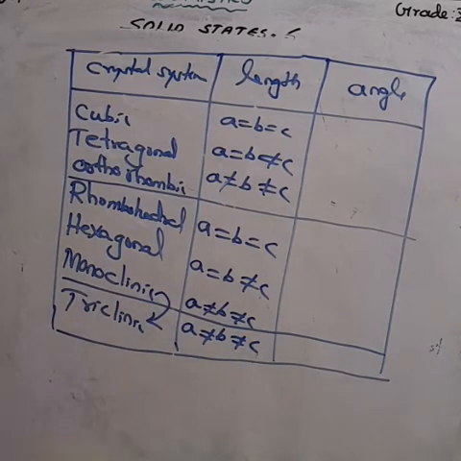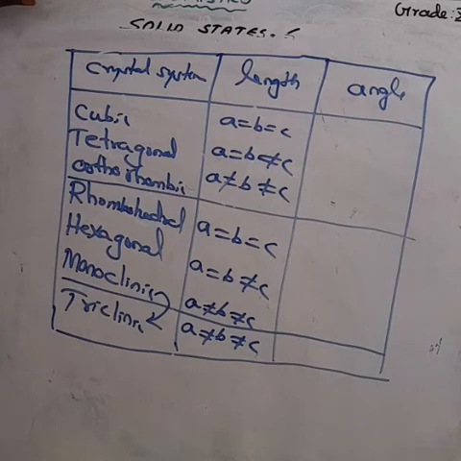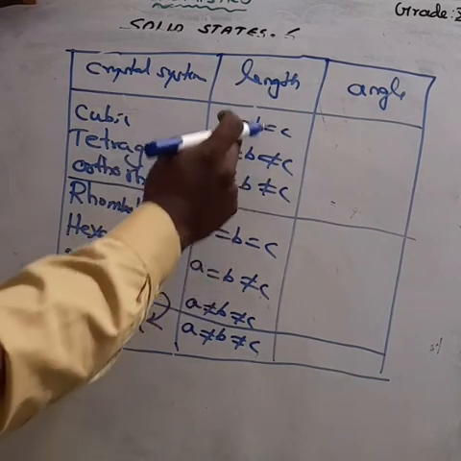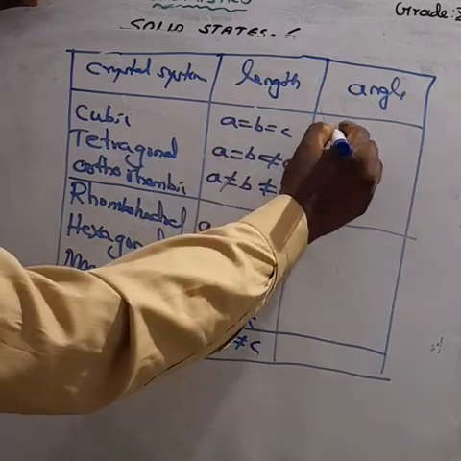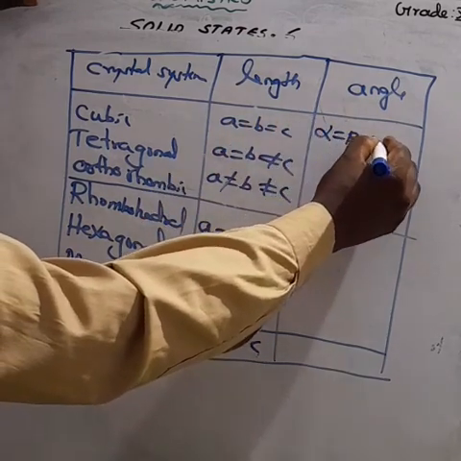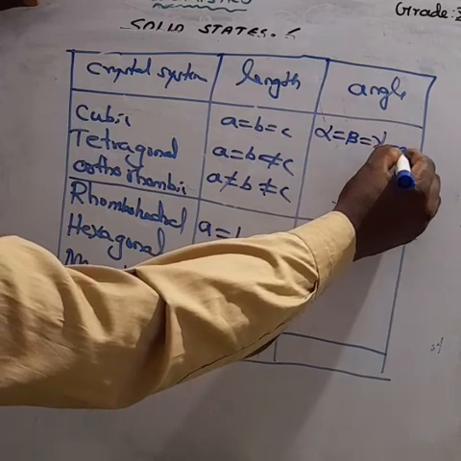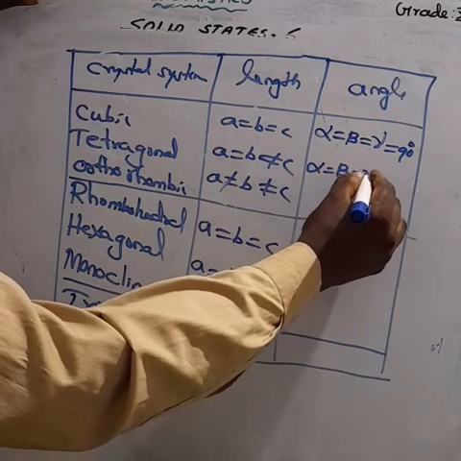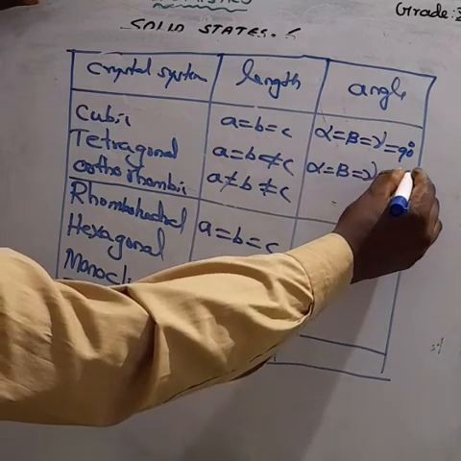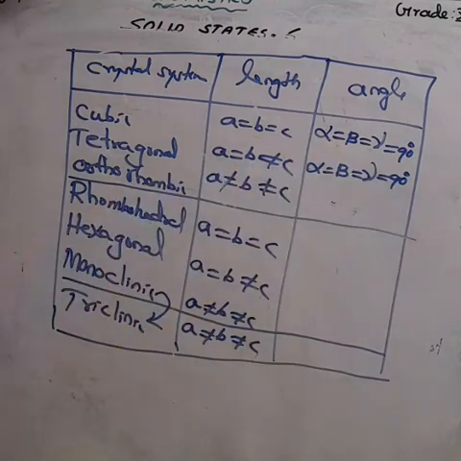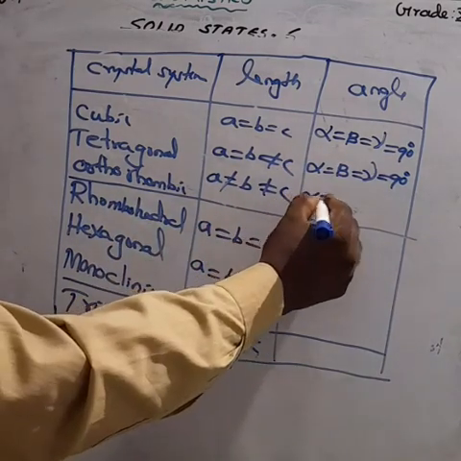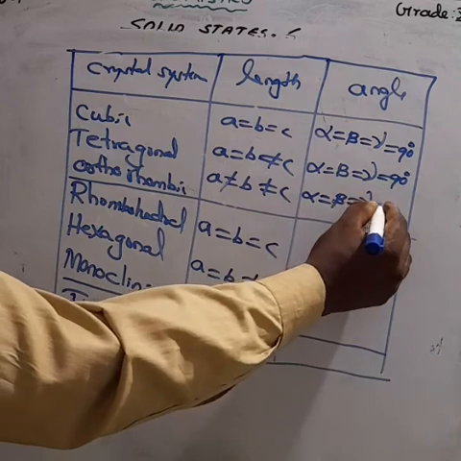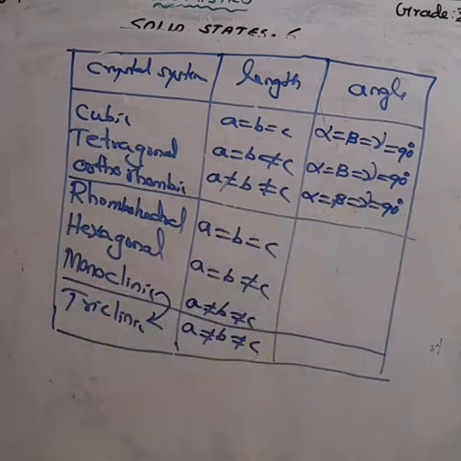Next, we have to write the angles. For the first, second and third, you write the same: alpha is equal to beta, beta is equal to gamma, gamma is equal to 90 degrees.